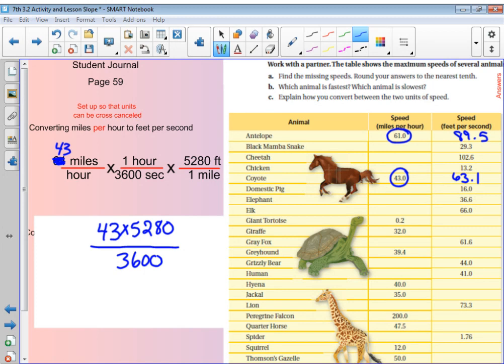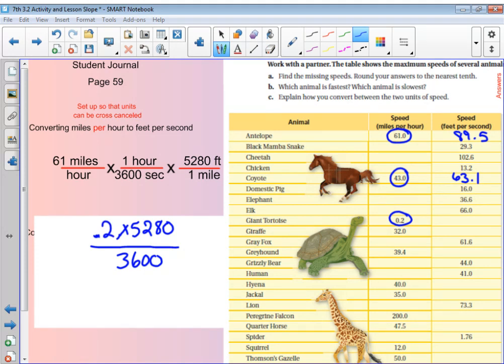That was the coyote. Now if we go through and do our next one, it looks like we have the giant tortoise, and that was a 0.2. So we'll substitute in our 0.2. Where I had the 43 here, that's where I can substitute in my 0.2 and not have to rewrite.